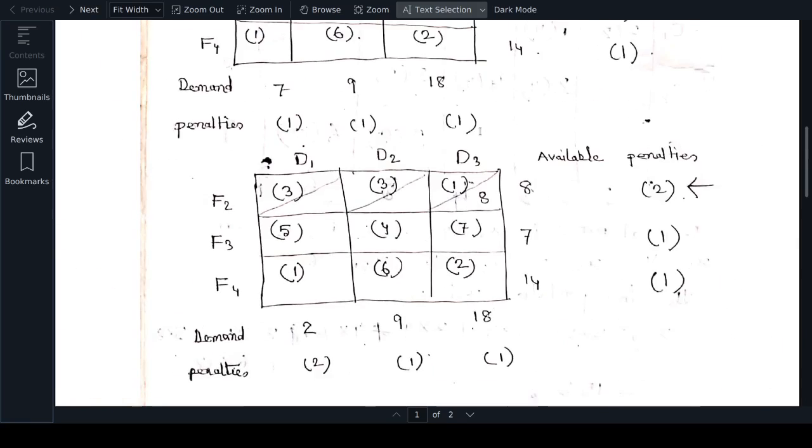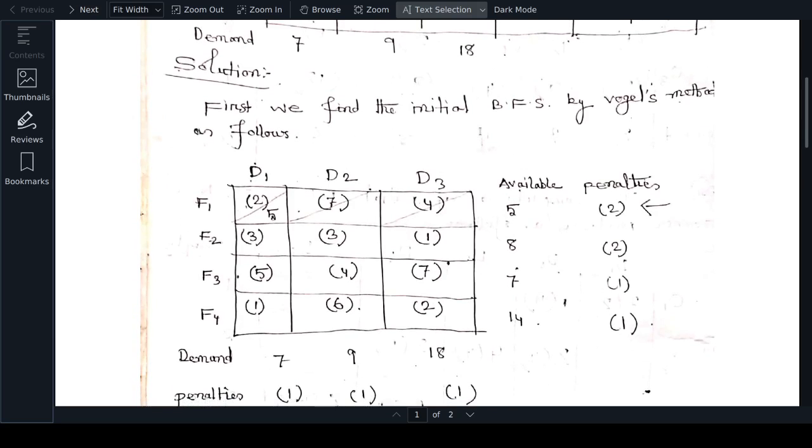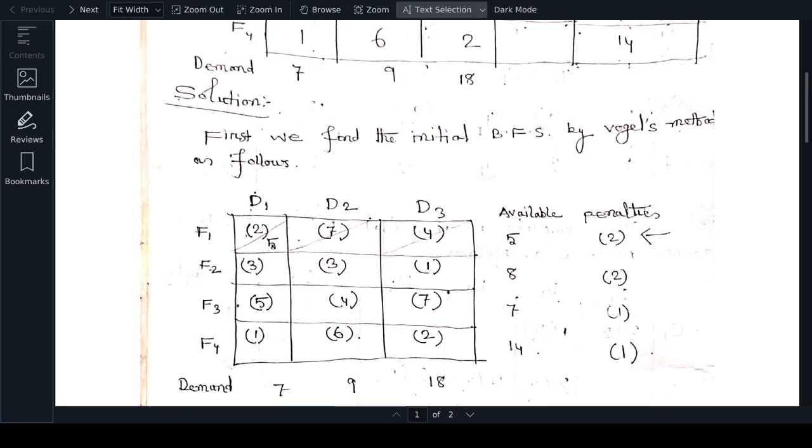Suppose here the destinations D1, D2, D3 are given. Next we add one column, say D4. So here the first cost is 0 in the F1 row, and in this fourth column all the costs should be 0: F1 0, F2 0, F3 0, F4 0.